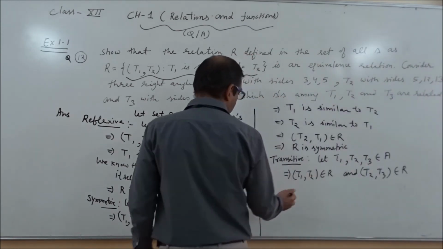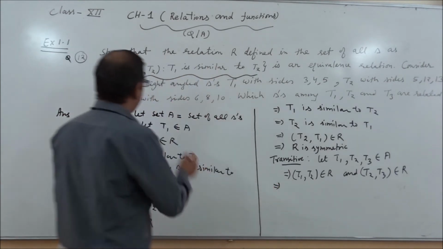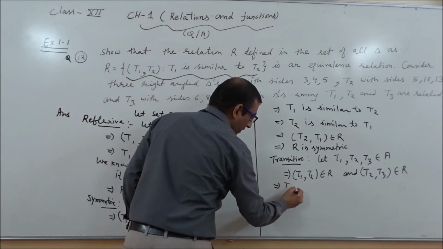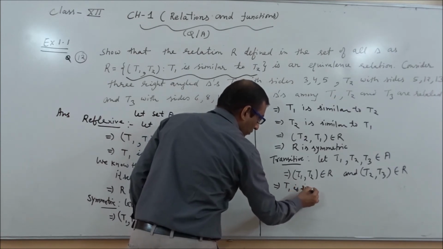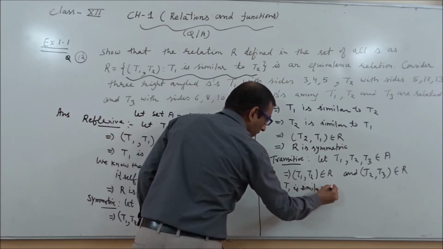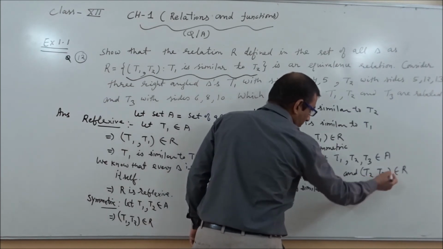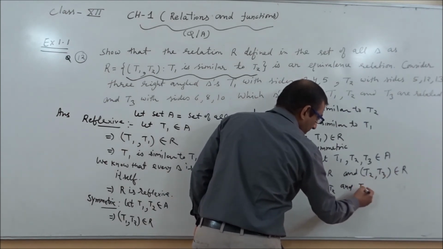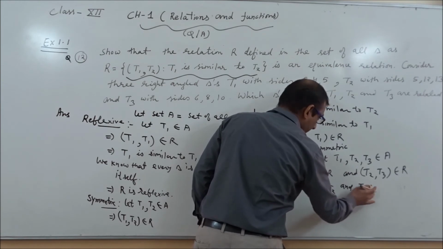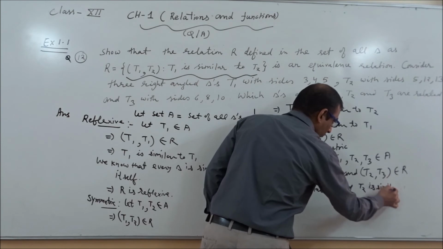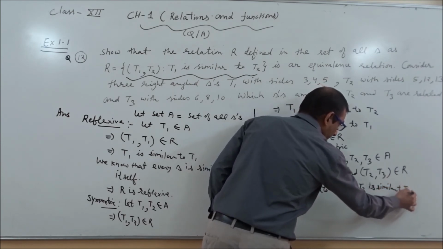If (T1, T2) belongs to R, then what is written here? T1 is similar to T2, so we write here T1 is similar to T2. And after that, if (T2, T3) belongs to R, then we will write T2 is similar to T3.